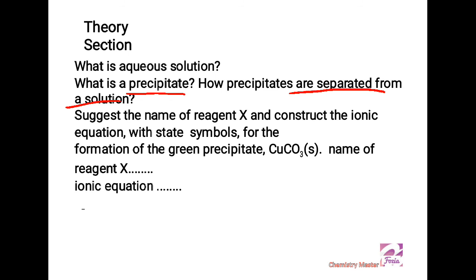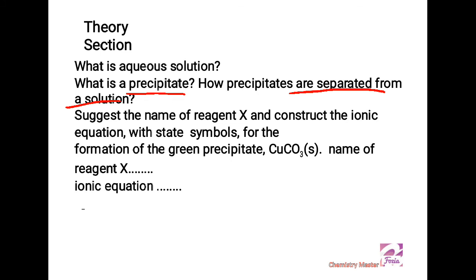Suggest the name of the reagent and construct the ionic equation with state symbols for the formation of green precipitate, copper carbonate, that's a solid. The name of reagent X and the ionic equation are also asked. So you see what you are asked here. You are asked about the chemical reaction which prepares copper carbonate.